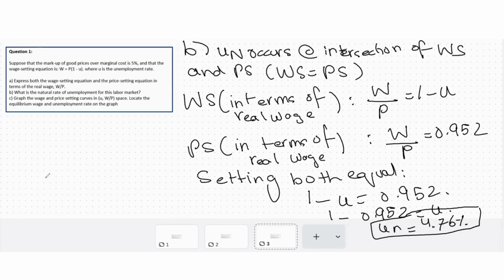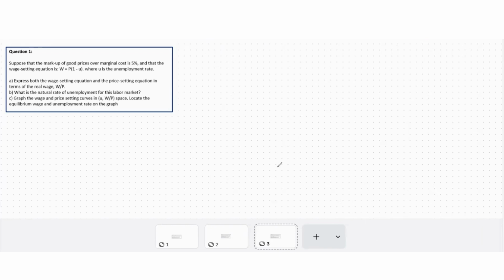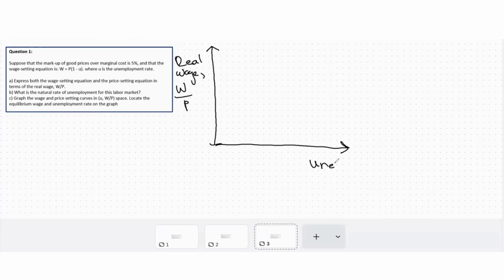So the last part of this is that we want to graph our wage setting and price setting curves. Let's just do that. When you want to graph the WSPS model, on the vertical axis we have real wage W/P, and on the horizontal axis we have unemployment rate, small u.